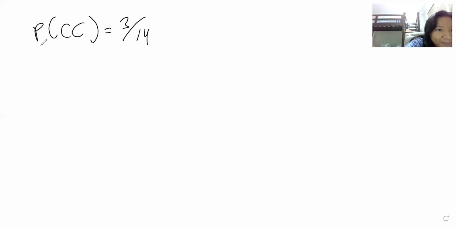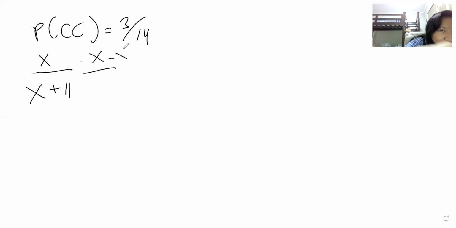So if the probability of getting both coppers is 3 over 14, then it's similar to this. X over X plus 11 times X minus 1 over X plus 10 equals 3 over 14.